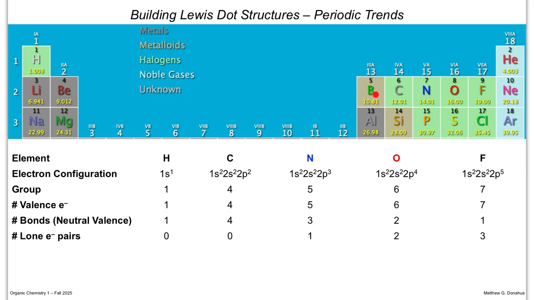See this group 3? We'll talk about some of those elements as we progress through the modules, but there's something unique or maybe weird about them. We'll focus on what that is later on. But once we get past that, everything sort of is normal and obeys the octet rule.